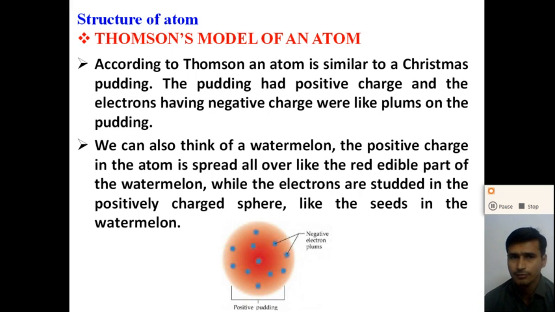According to the J.J. Thomson model, all the positive charge is distributed all over the sphere, and at some specific locations, the negatively charged electrons are distributed discretely in the model.